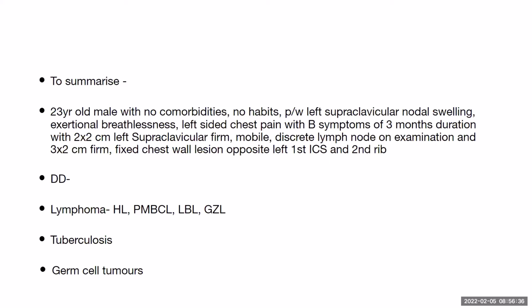In early SVCO, grade 0 is when you have only radiological features of vena cava obstruction. But when you have grade 1, there is facial puffiness, puffiness around the eyeball, and periorbital puffiness, and that is more so when patients lie down for long, typically in the early morning.